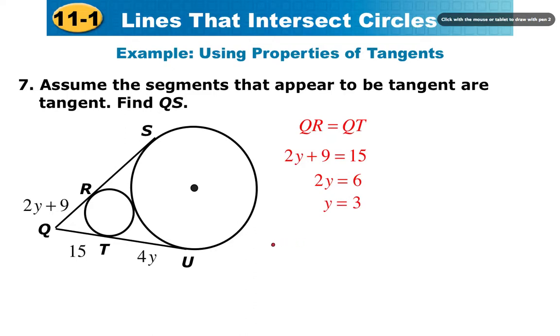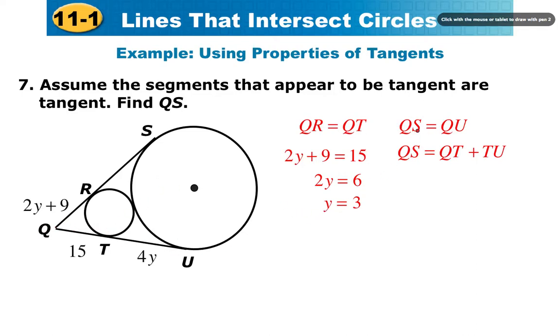Okay, so we still haven't answered the problem QS. So what we're going to do now, like I mentioned earlier, I know that QS is equal to QU by the same theorem, 11.1.3. At this point, I know that I can write the following. QS is equal to QT plus TU.